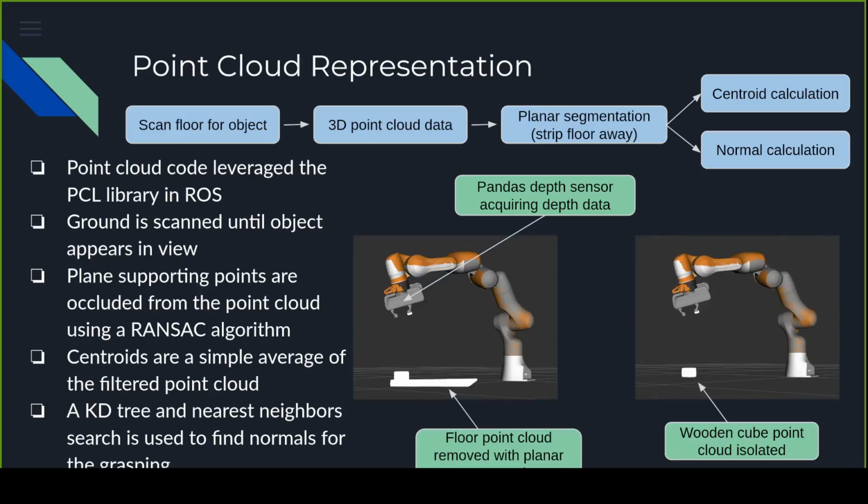A little more detail on the point cloud piece of the workflow. We use the PCL library to do a lot of the point cloud processing. One of the main algorithms we're using is the planar segmentation algorithm.